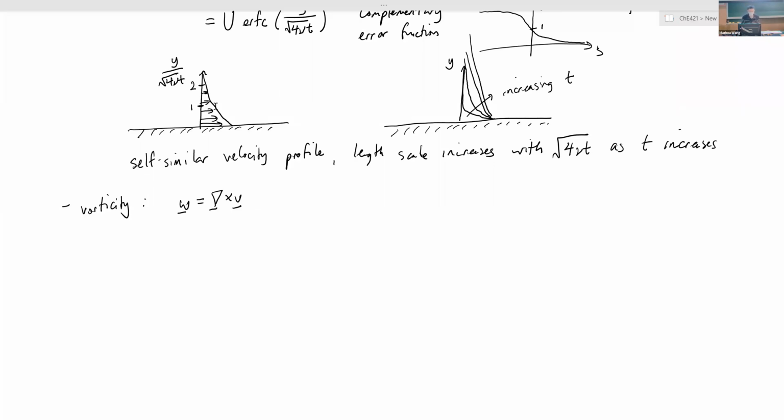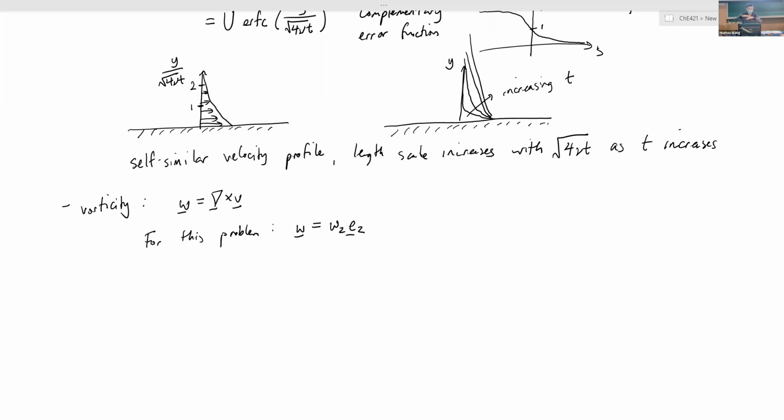In this particular case, we're looking at curl of v, but my velocity here is only confined to the xy plane, right? There's no z component, there's no variation in z, and there's no velocity in the z component either. And so what we might expect is that my vorticity is only going to have a component in the z direction, because my velocities are only happening in the x and y plane.